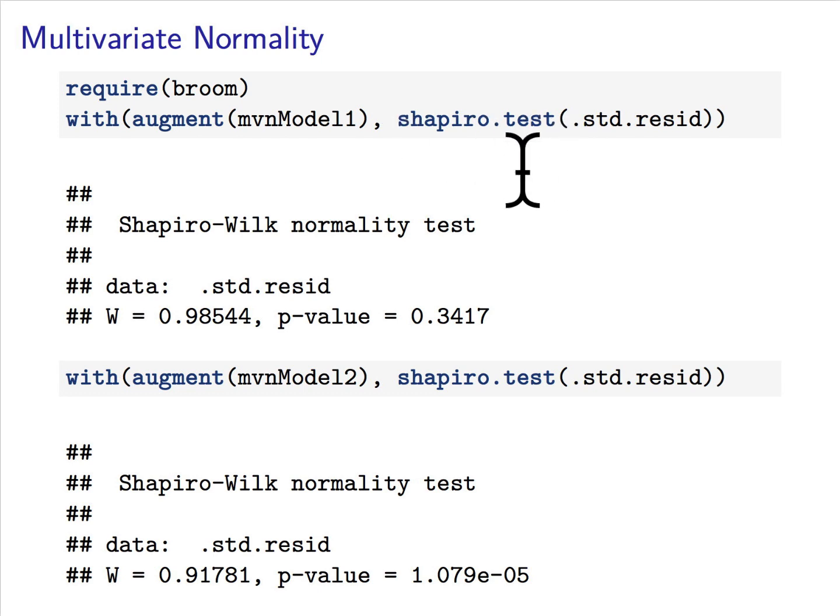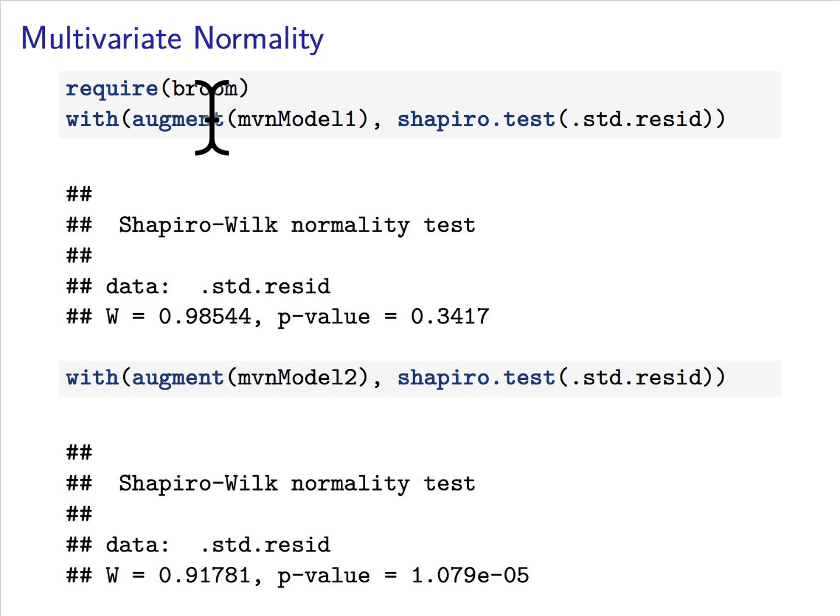The Shapiro test takes our studentized residuals that are returned by the augment function, and it will perform the normality test we're looking for. Now the shapiro.test function will be loaded automatically with standard R unless you start it with vanilla or something. It's in the stats package. The augment function here is in the broom package.